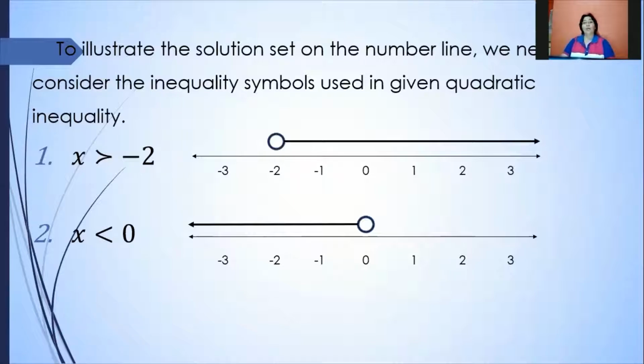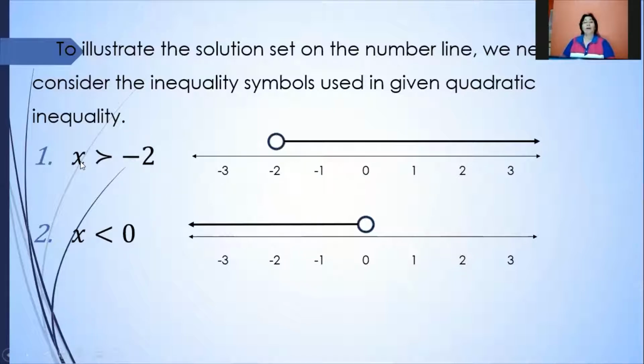To illustrate the solution set on the number line, we need to consider the inequality symbol used in the given quadratic inequality. For number 1, for example, we have x greater than -2. This -2 is known as the critical point.